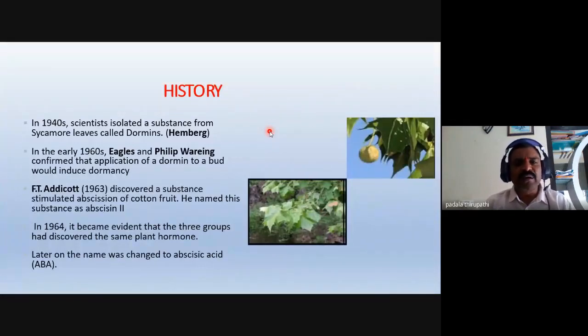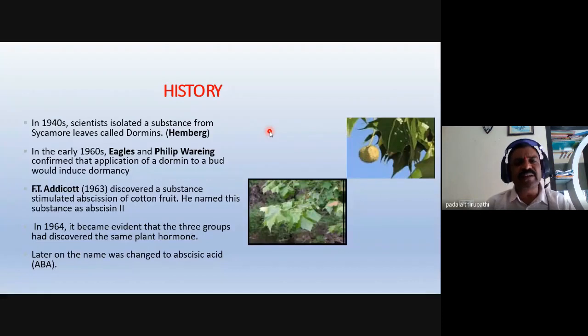The application of this dormin to buds would induce dormancy. So the dormin is capable of inducing bud dormancy, as identified by Philip Wareing et al. in the early 1960s.